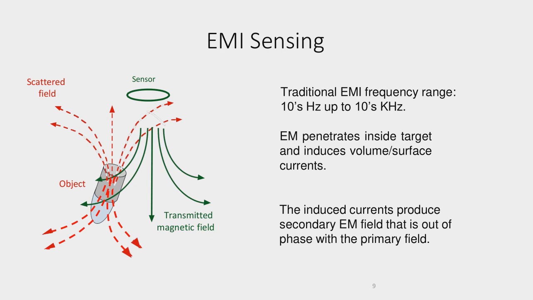It is at the low frequency. We are talking about 10 hertz up to 10 kilohertz, very low frequency. And this electromagnetic field penetrates inside the target and induces eddy currents or magnetic dipoles. So those eddy currents then produce a secondary field, which is detected with receivers.